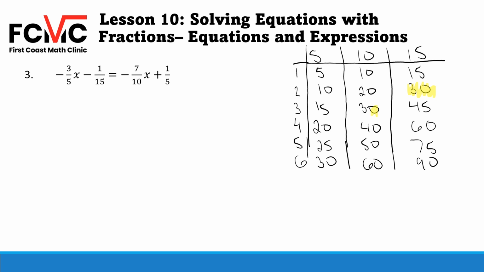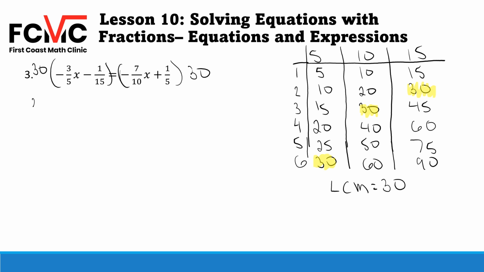All right, so 30 is going to be our LCM, our least common multiple. So let's multiply the left side and the right side by 30 to get rid of our fractions.